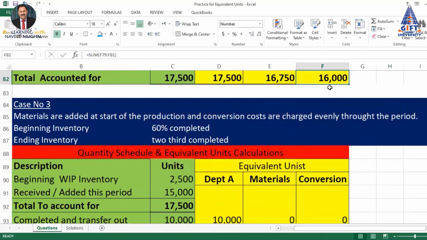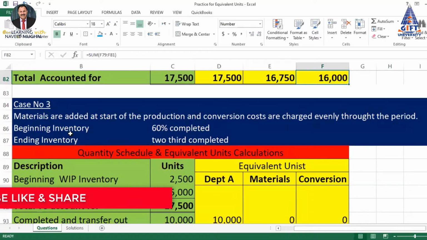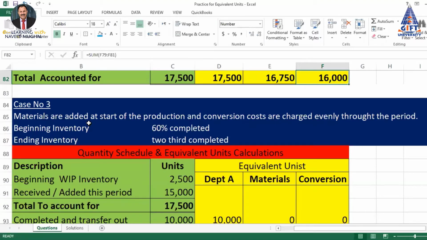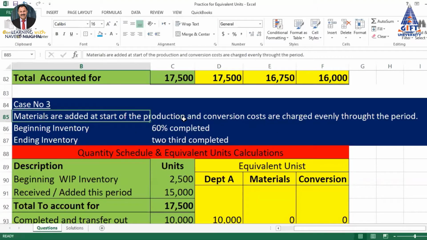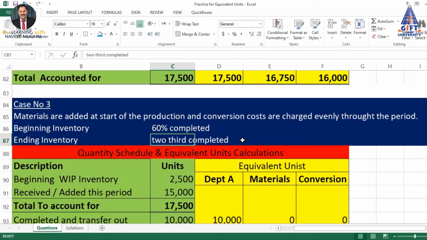Then another scenario: if we have been given this information, materials are added at the start of the production and conversion costs are charged evenly throughout the period, and the beginning inventory is 60% complete, and the ending inventory is 2/3 complete. Here 2/3 is the conversion cost information, and the materials information has been given in the other statement.